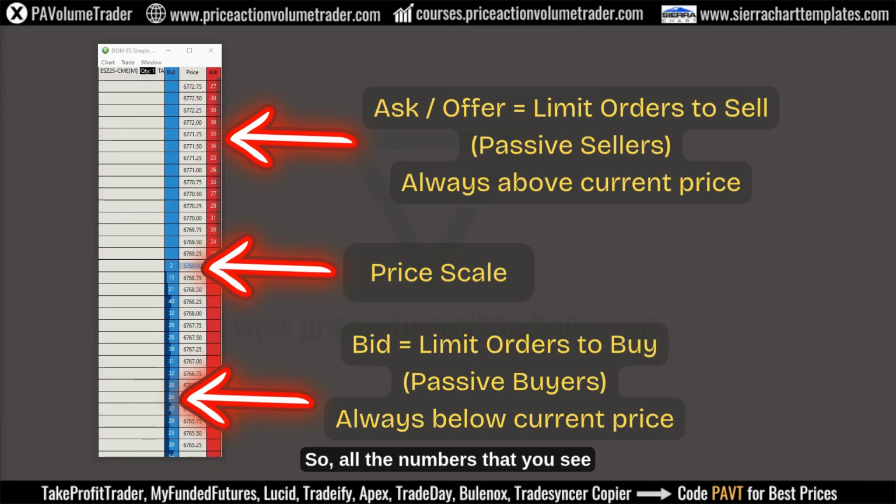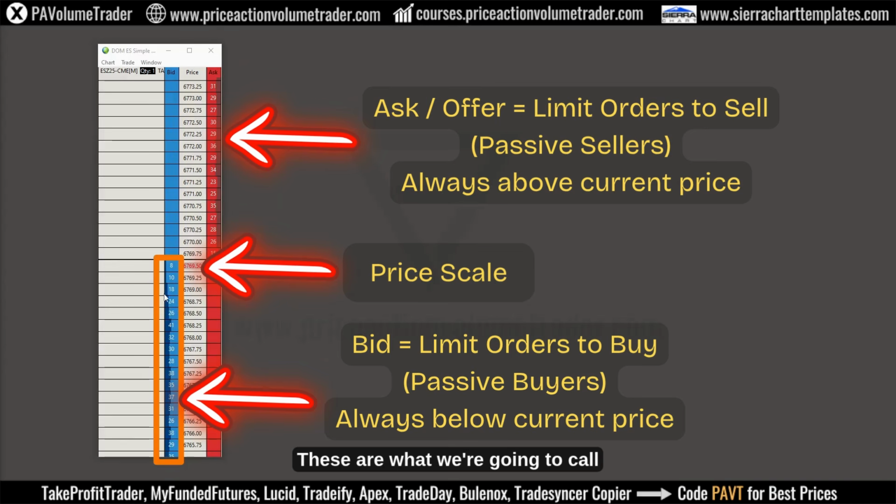All the numbers that you see on the bottom left are going to be our bid column. The bid column is going to show us all the limit orders to buy. Obviously, all these orders are going to be below where price is, because if you're going to try to buy, you're always going to be trying to buy at a lower price than where price is currently sitting.